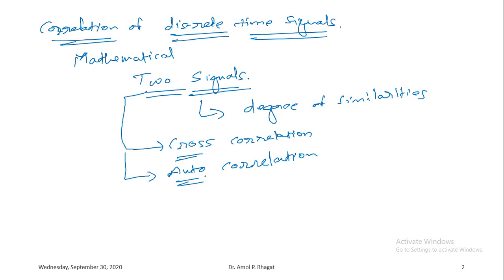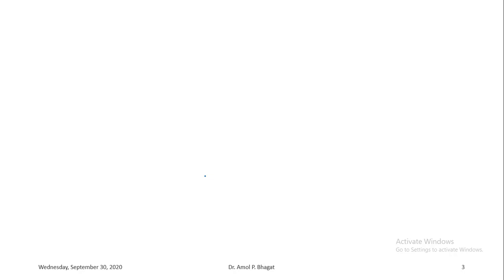Just for example, if we are considering two signals x of n and y of n, and we want to compare these two signals, in case of radar or active sonar application, we consider x of n as the transmitted signal.